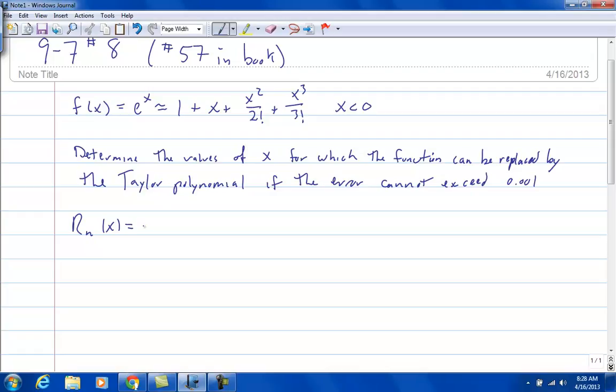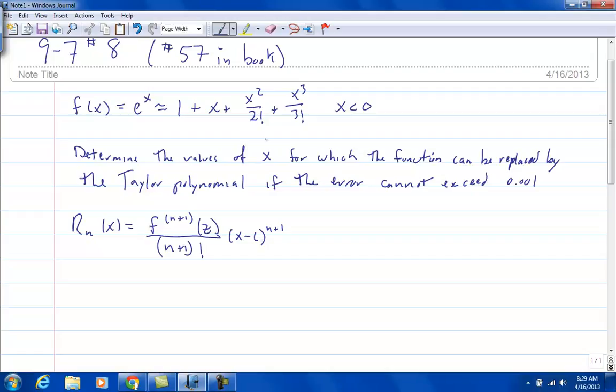So R_n of x is the n plus first derivative of f of some value z over n plus 1 factorial, times the maximum value of, I went to the wrong line, sorry, times x minus c to the n plus 1 power.